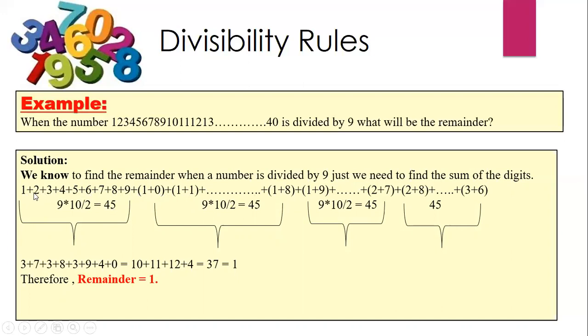So again you will get the same cycle: 1 plus 2 plus 3 plus till 9. Then again it will start from 19 till 27, you will get the same 1 plus 2 plus 3 plus 4 plus till 9. Then same way for 28 to 36. So this is exactly divisible by 9, this is exactly divisible by 9, this is exactly divisible by 9, this is exactly divisible by 9.